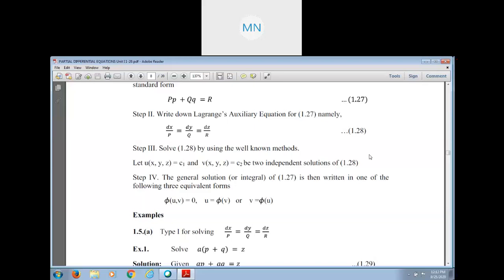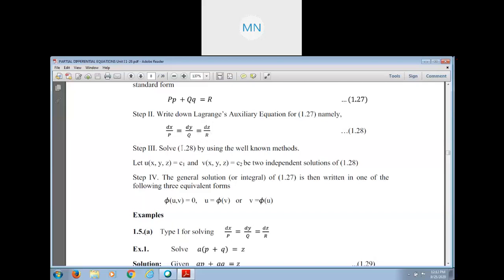The working rule is this: first, consider the equation that looks like this. After that, find the Lagrange auxiliary equation. The Lagrange auxiliary equation is dx by P equals dy by Q equals dz by R.